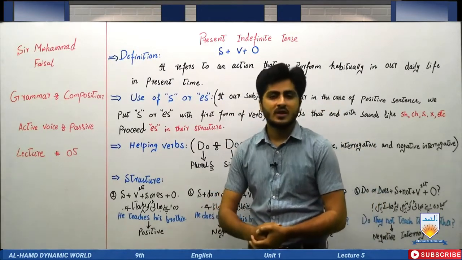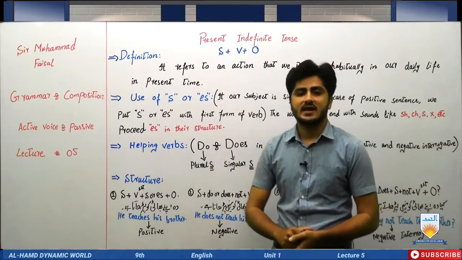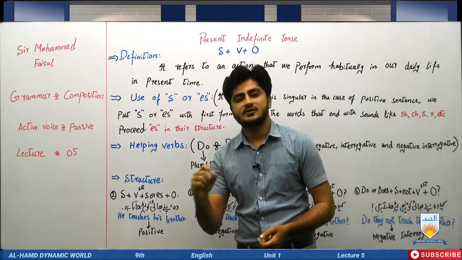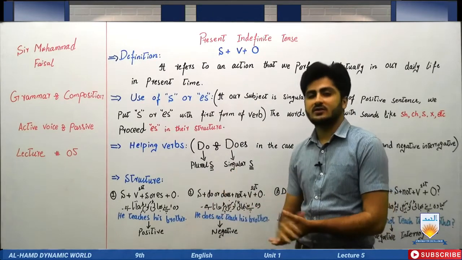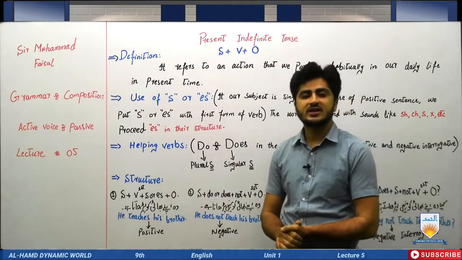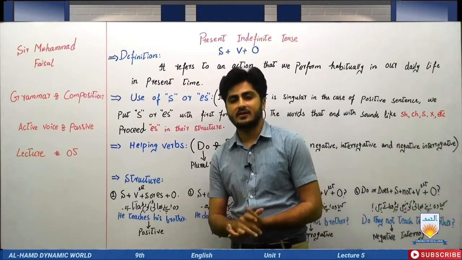That is why we are adding es at the end of the first form of verb. Then object, his brother. He teaches his brother.